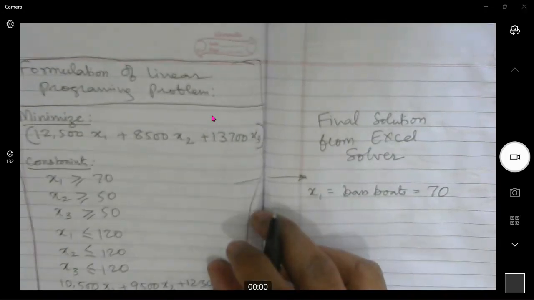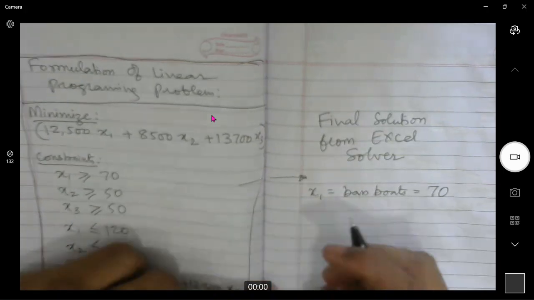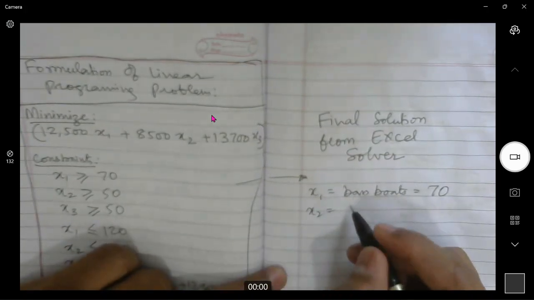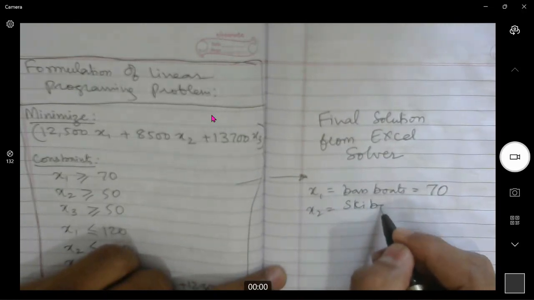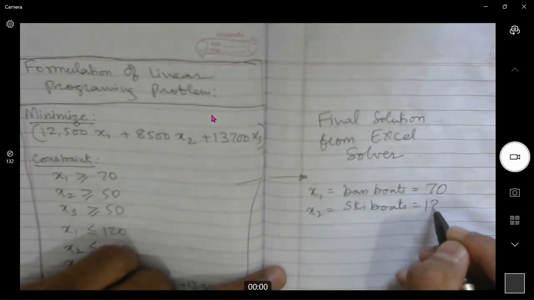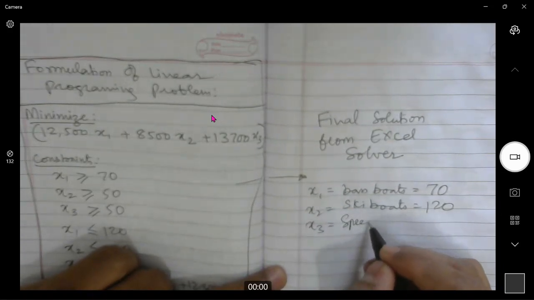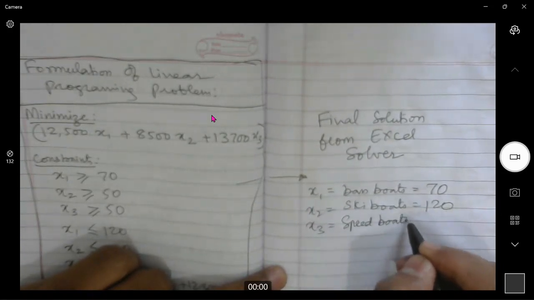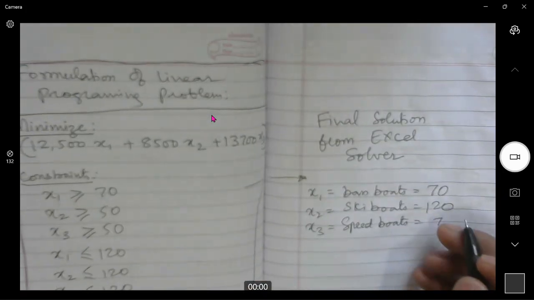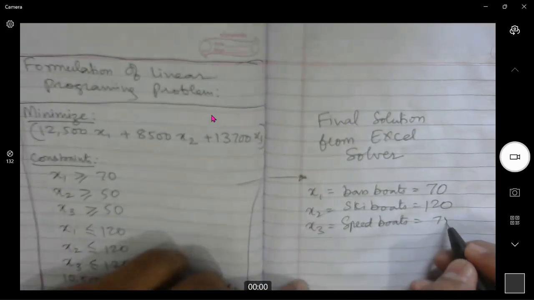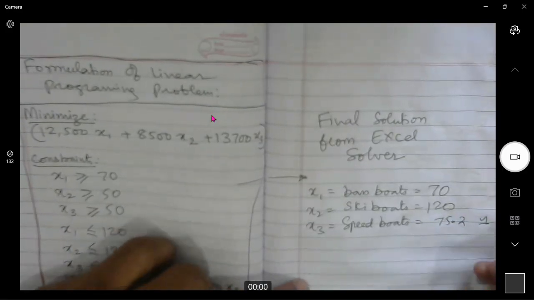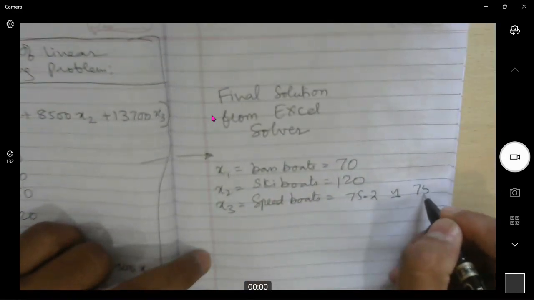Then x2, ski boats, equal to 120, and x3, speed boats, equal to 75.2, or you can approximately round off to 75.